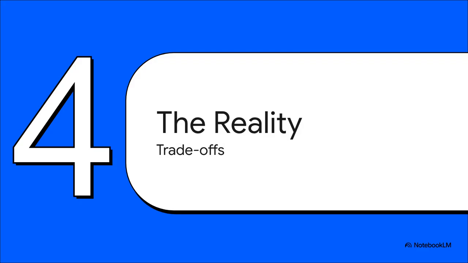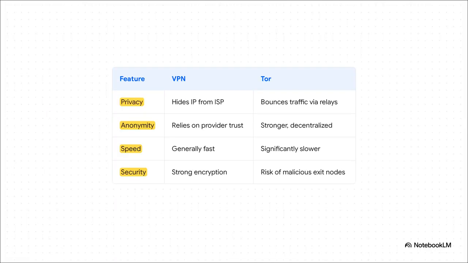So if we put aside those really high-stakes uses for a second, what's the reality of using Tor for just an average person? Let's get practical and look at the real-world trade-offs. So how does Tor compare to something more common like a VPN? Well, with a VPN, you're hiding your activity from your ISP. But you're essentially trusting one single company with all of your data. Tor is totally different.